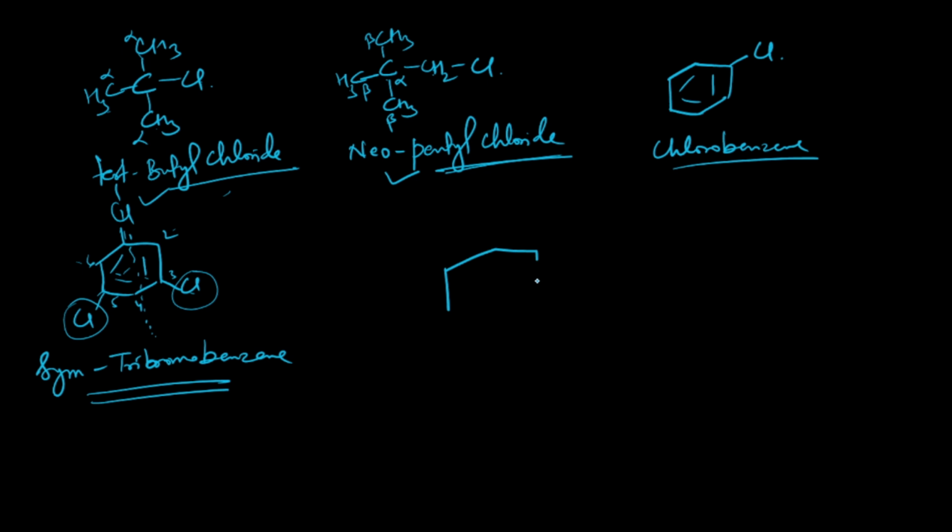One more thing I want to ask: ortho, para. I know you can tell me what is ortho, what is para, what is meta. You will say this is your ortho position, this is your meta position. Maximum of my students used to tell me in initial classes: this is ortho, this is meta, this is para, again meta, again ortho.